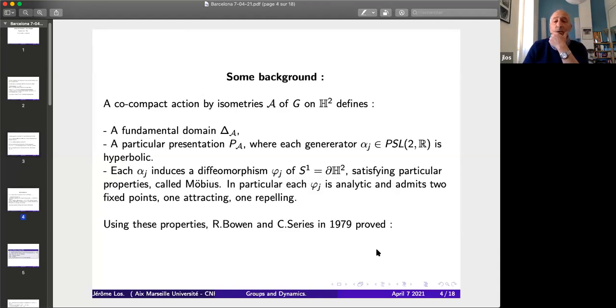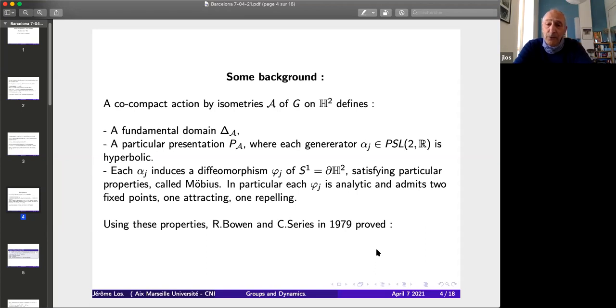Okay, so let me just discuss some very small background about action of the group on hyperbolic surfaces. When you have an action which is co-compact and by isometry on the hyperbolic space in general, but in particular on the hyperbolic plane, then you have a fundamental domain which is compact.